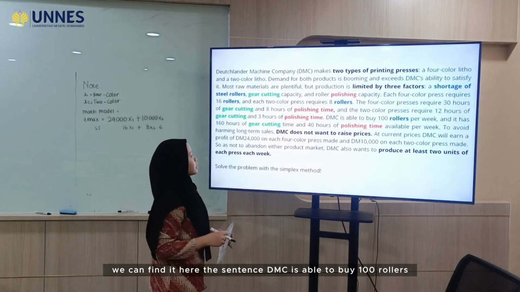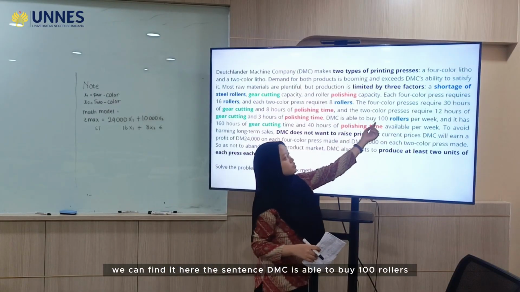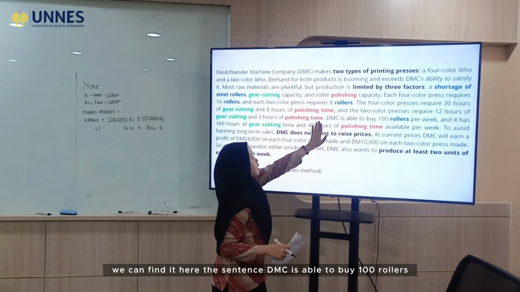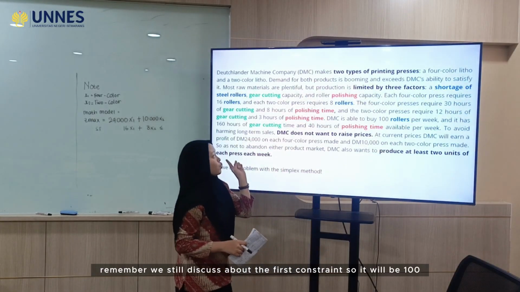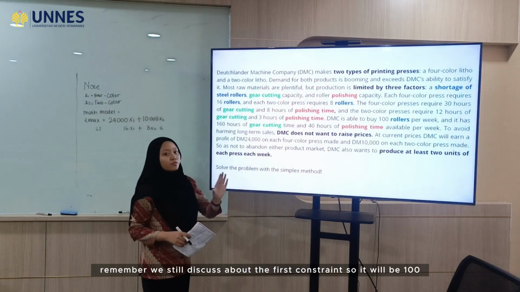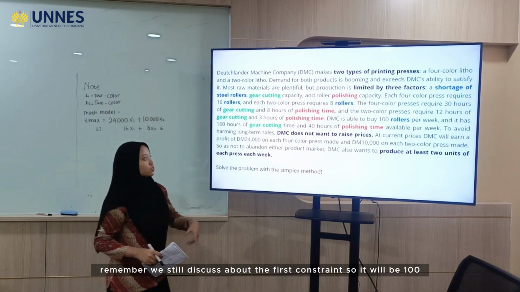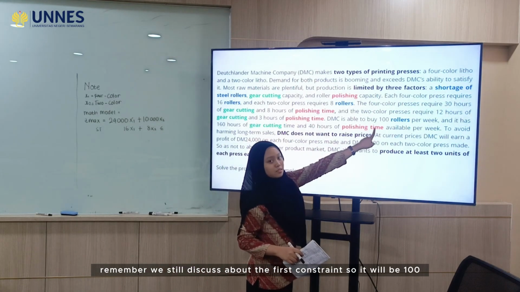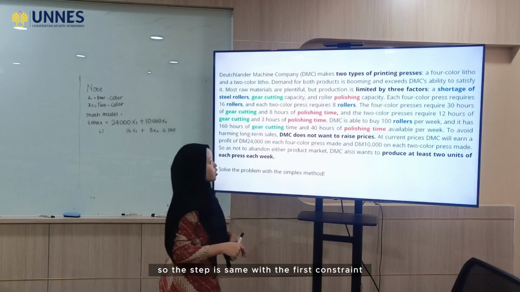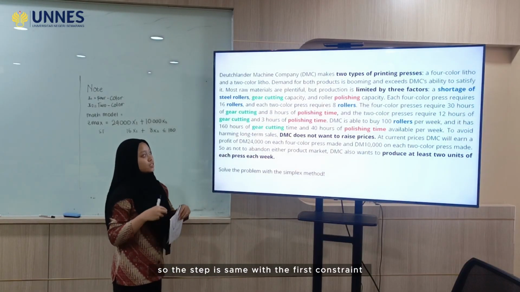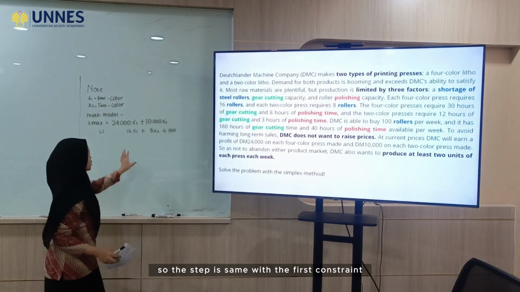We can find it here in the sentence: TMC is able to buy 100 rollers. Remember, we are still discussing the first constraint sequence. So it will be 100.